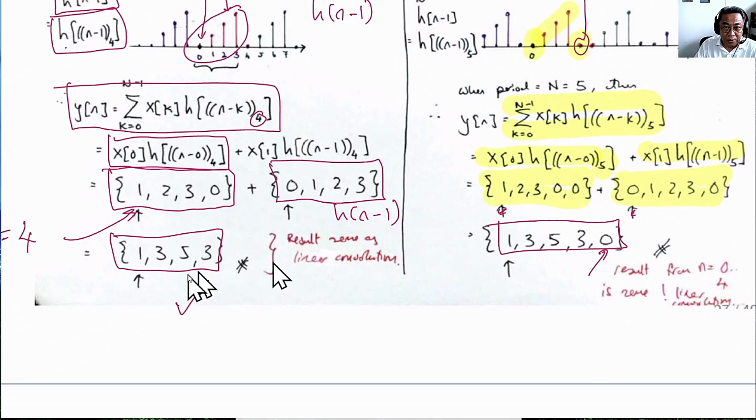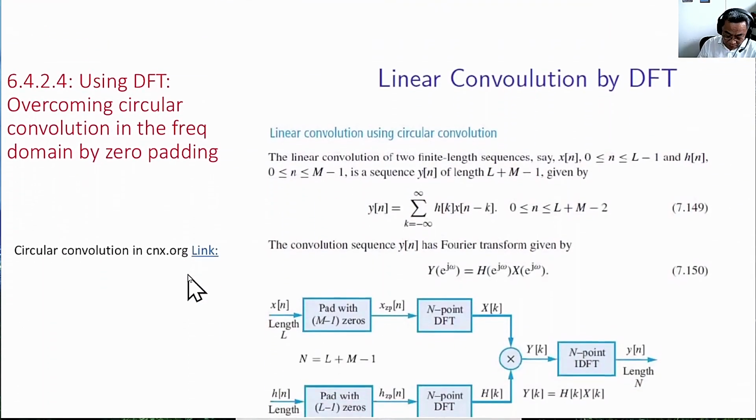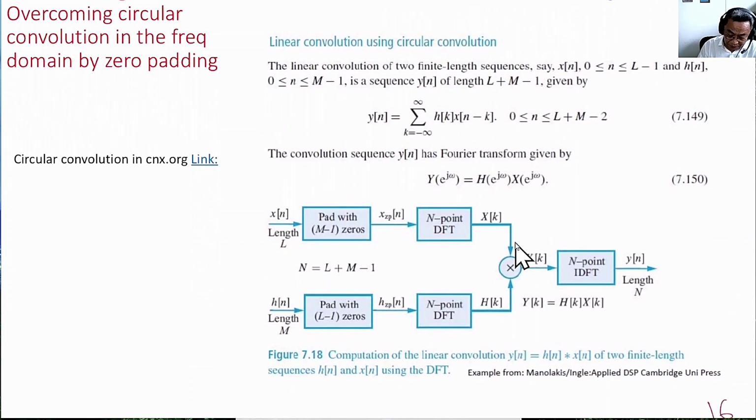So in conclusion, we can 0 pad such that the circular shift behaves like a linear shift. That's the general idea. Now, this figure summarizes what we are going to do in reality.